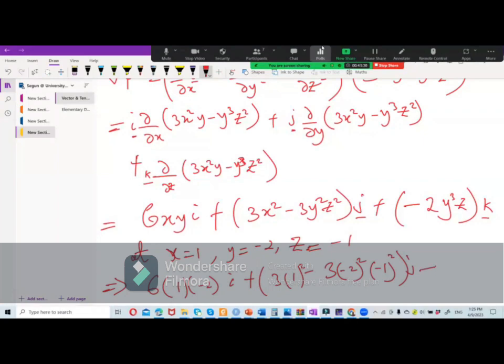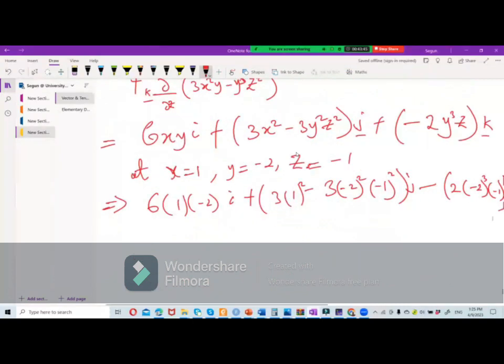So minus, because of the minus we have there, 2 in brackets, minus 2 cubed, and minus 1, and minus 1. So you can see it's very simple. All you need to do is just multiply this one. You have minus what? Minus 12i. This is 3. This is 4. 4 multiplied by 3 is 12.